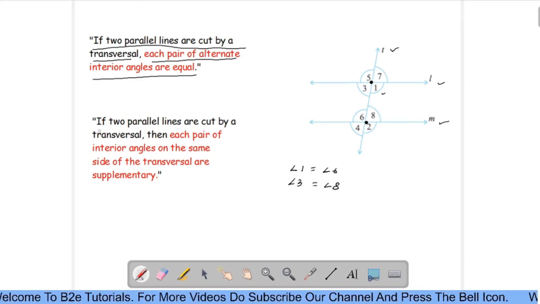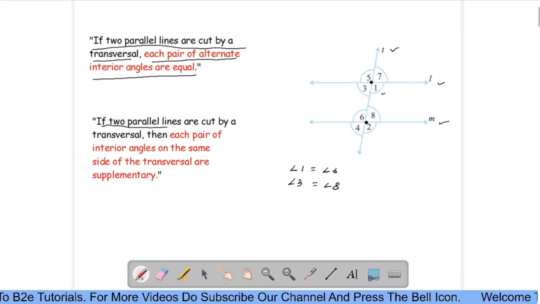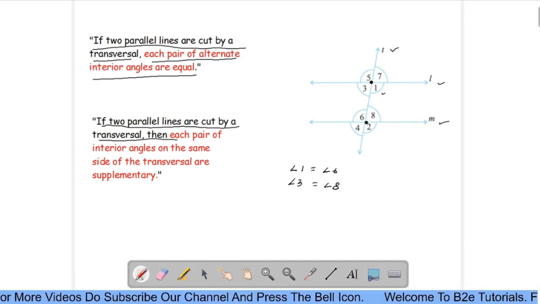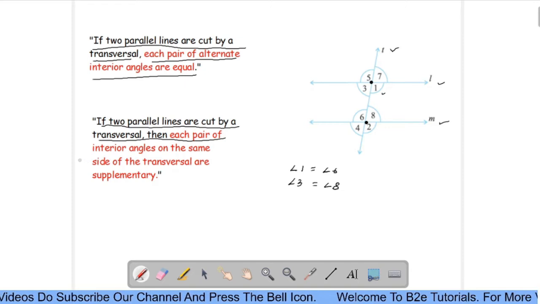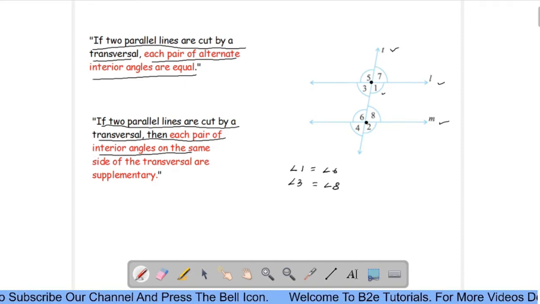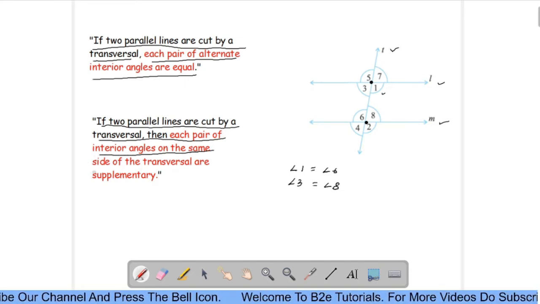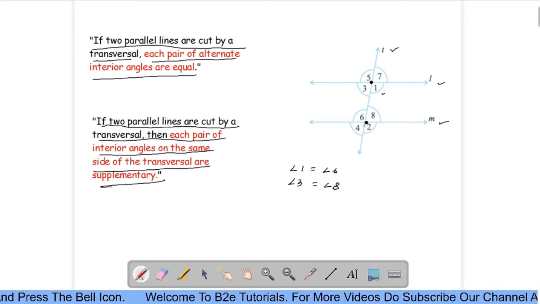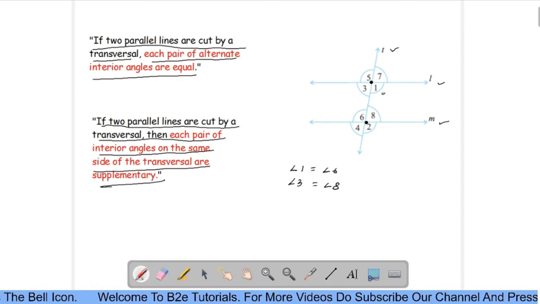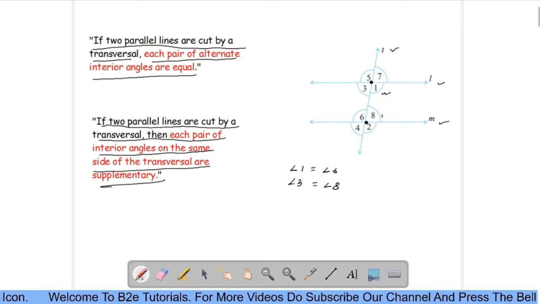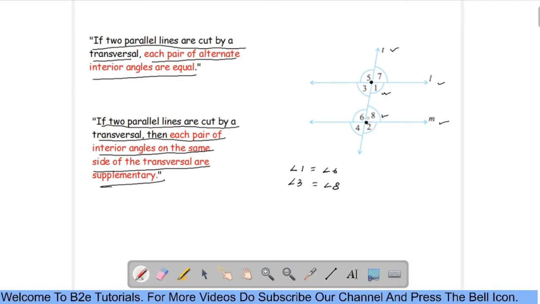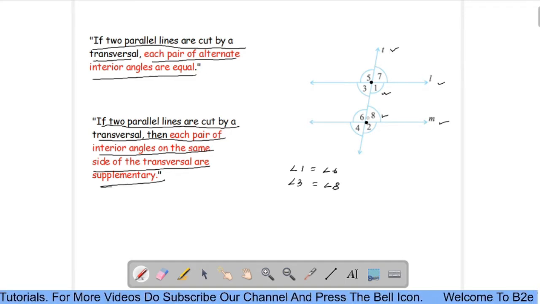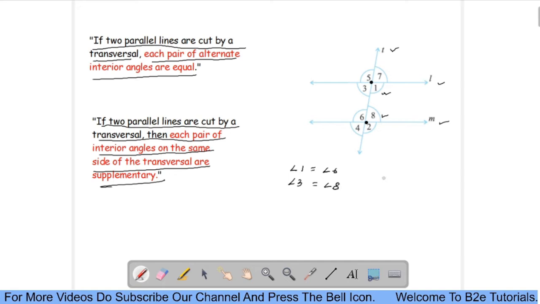Also, if two parallel lines are cut by a transversal, then each pair of interior angles on the same side of transversal are supplementary. That is angle 1 and angle 8. These are called interior angles on the same side of transversal, and their sum is 180 degrees.